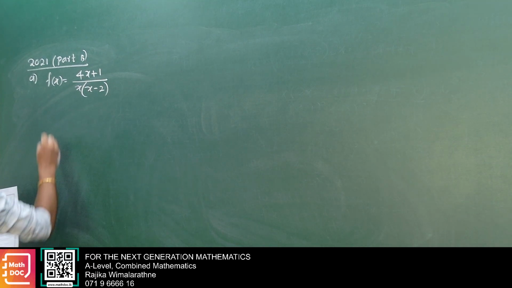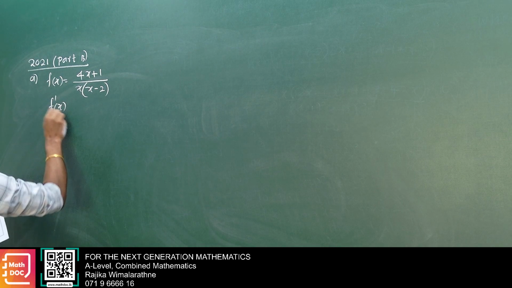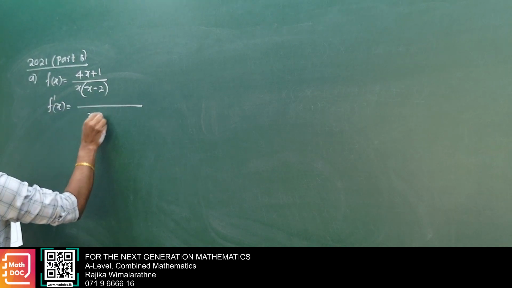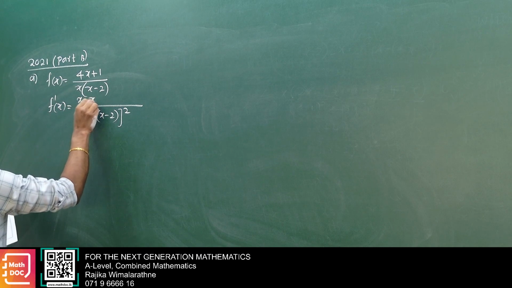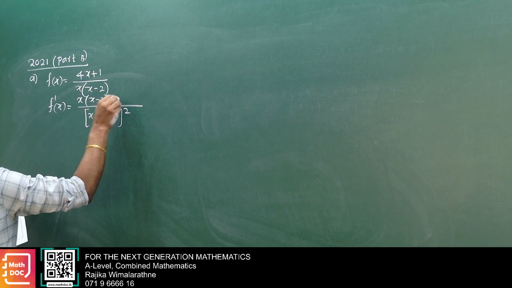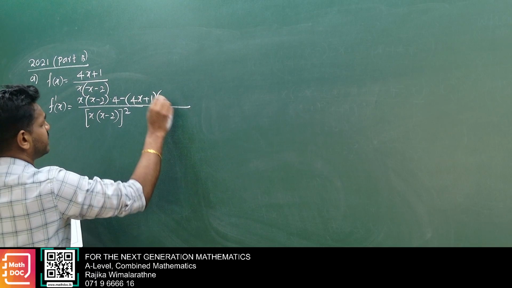Then do it according to the given flow. F dash x equals denominator times derivative of numerator minus numerator times derivative of denominator, over denominator squared.